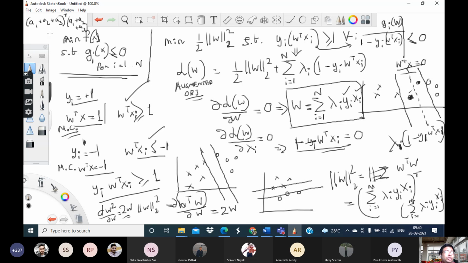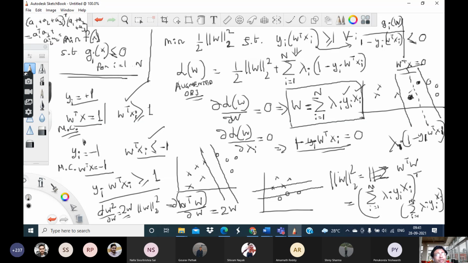If I expand it, there will be quadratic terms like a1 transpose a1, a2 transpose a2, a3 transpose a3, and also cross terms like a1 transpose a2, a2 transpose a1, a3 transpose a1, a1 transpose a3, etc.